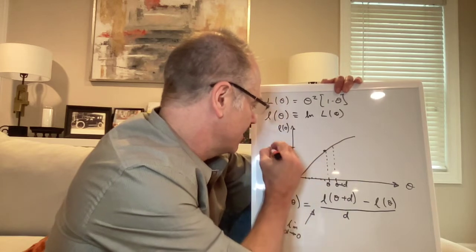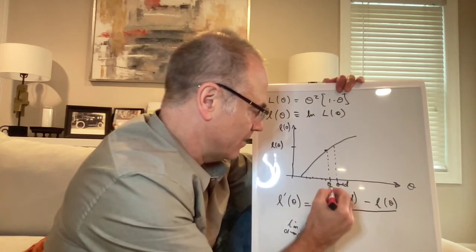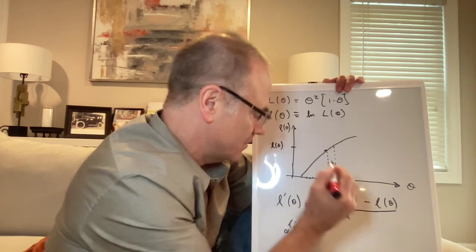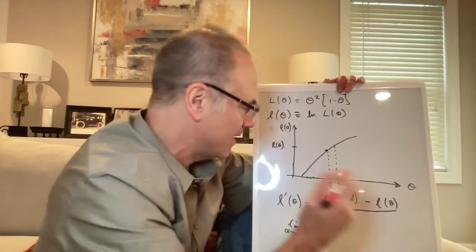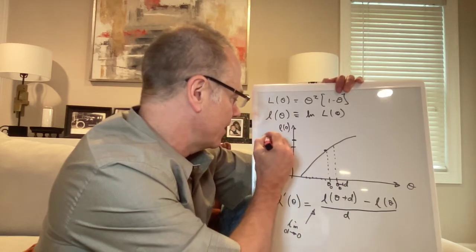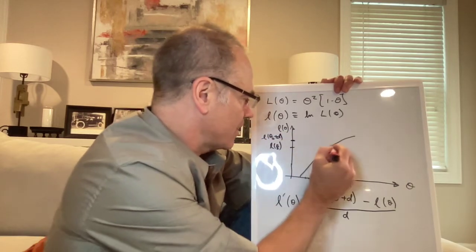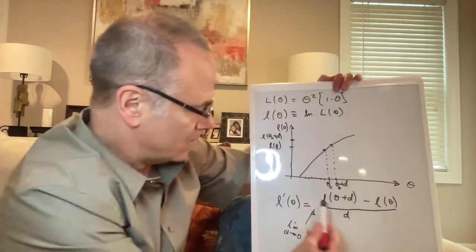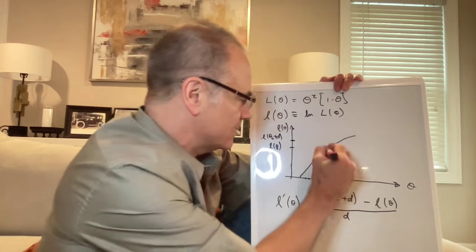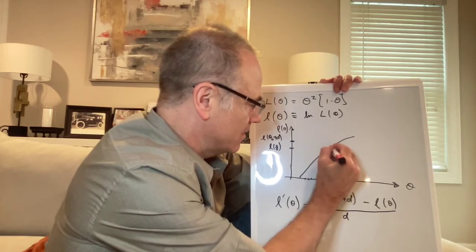We get l of theta, which we can call l of theta sub 0, some value of theta that we've picked, and then l of theta sub 0 plus d. Then this value is the slope from that point to that point.